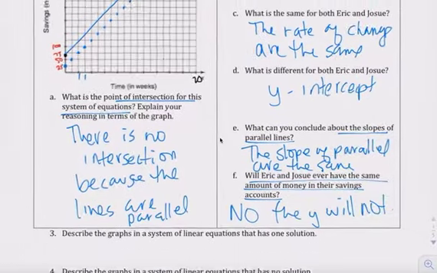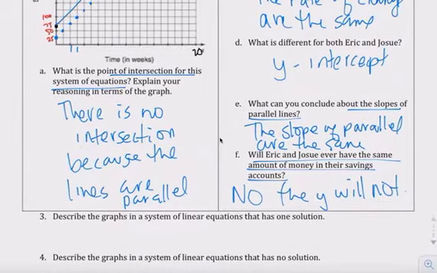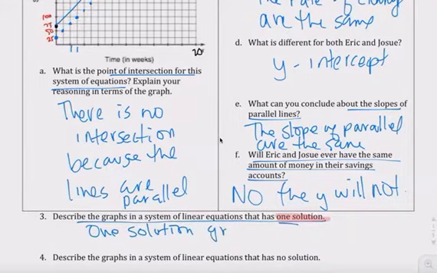Okay, describe the graph of a system of linear equations that has no solution. The graph is parallel. Now, describe the graph of a system of linear equations that has one solution. The lines cross each other, or intersect is a better word.